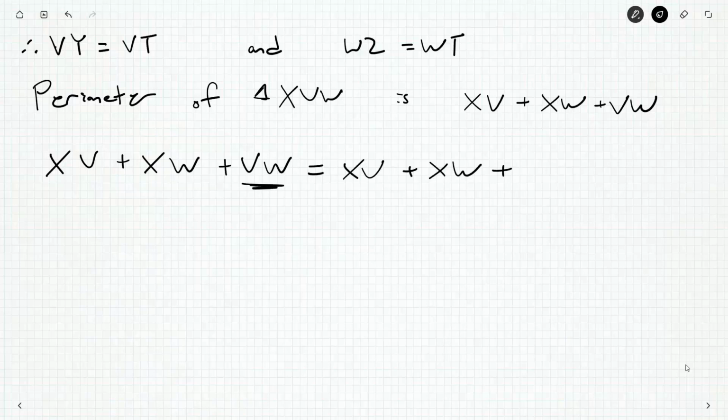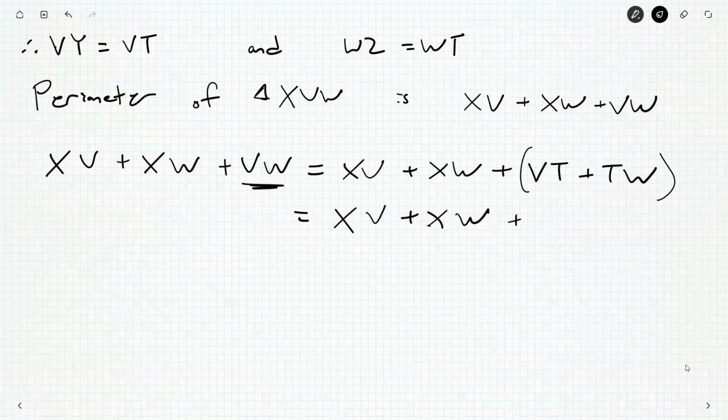Not necessarily in the middle, but t lies on that line. Okay, so I split those up, but now I can use my circle geometry fact: xv plus xw plus vt is the same as vy, and tw is the same as wz.